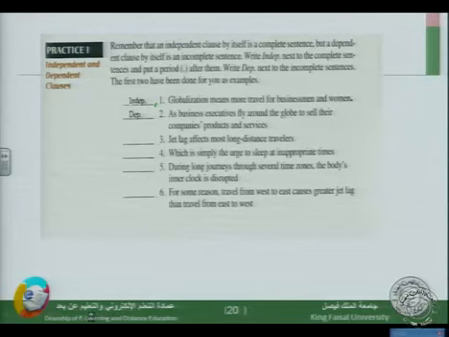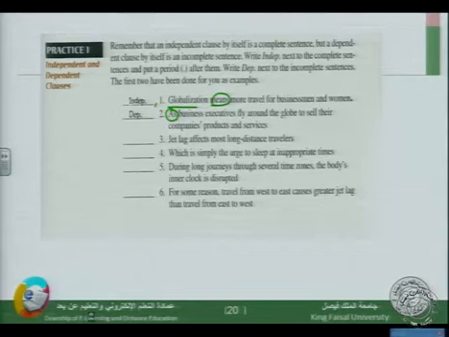This is independent because we have a verb and a subject. Number two, as business executives fly around the globe to sell their companies' products and services. This one is dependent because it starts with a subordinator, which means it is an incomplete sentence.